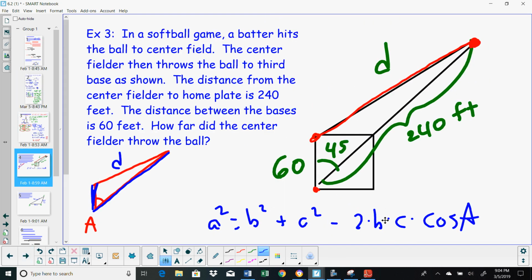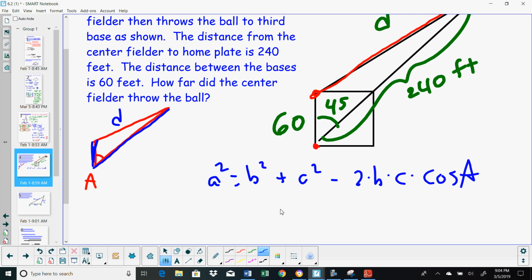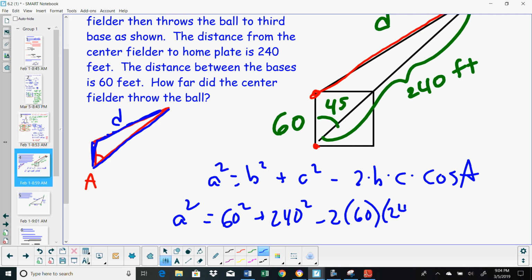All right, so we're going to plug in what we know. A squared, which is really this length that we're calling D, is going to be 60 squared plus 240 squared minus 2 times 60 times 240 times the cosine of the angle in between the 60 and 240, which was 45 degrees.